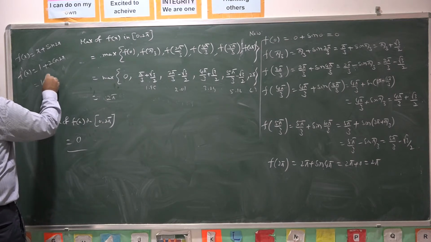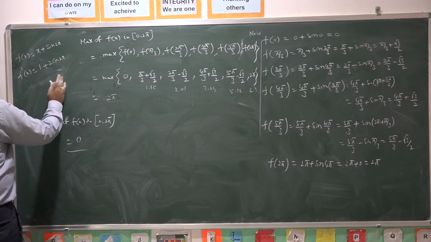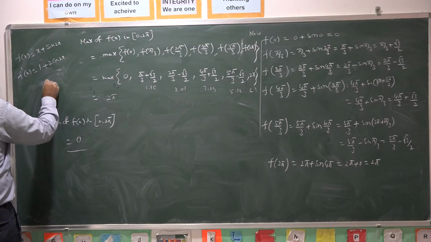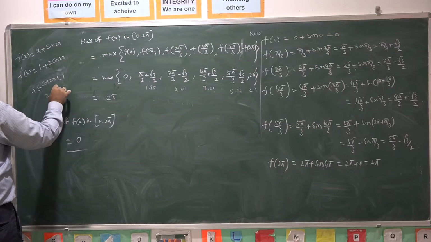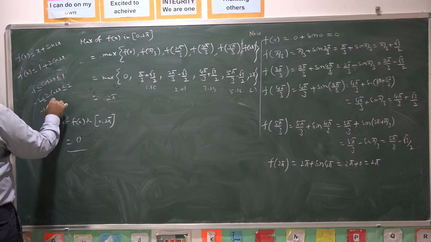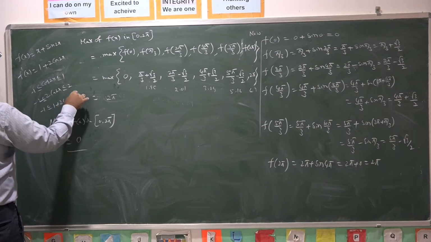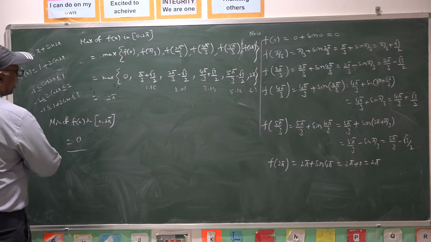Cos 2x lies between minus 1 and 1, so 2 cos 2x lies between minus 2 and 2. So adding 1, it takes both negative and positive values. So you cannot conclude in such a way.